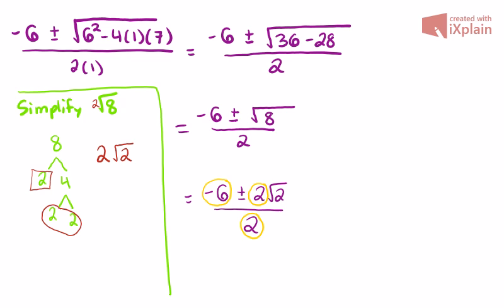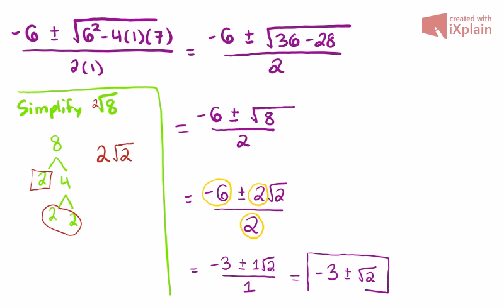So we can divide each of these numbers by 2 and end up with negative 3 plus or minus 1 root 2 divided by 1. And in this case, we don't really need either of these ones here, and we can just write -3 plus or minus root 2. So these are the other two roots of my polynomial.